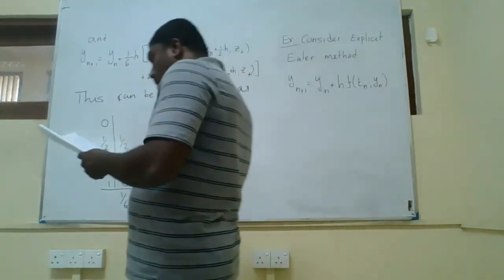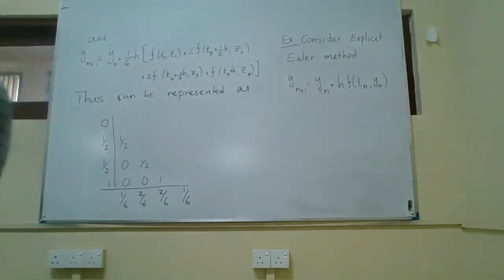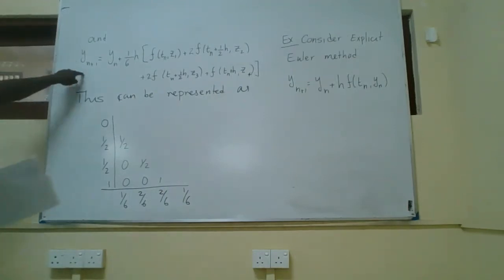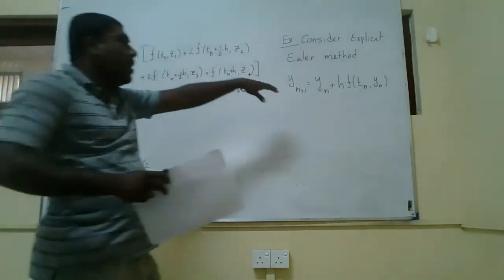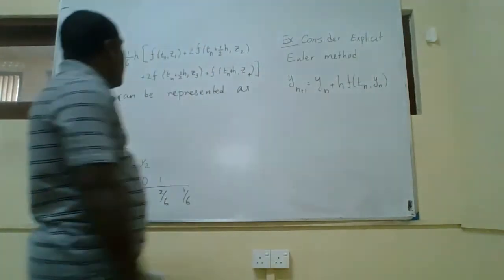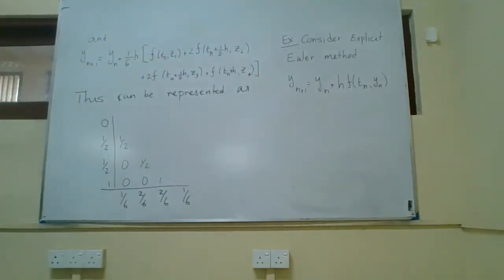Right, so you can think of the explicit Euler method. So this is y n plus 1 is y n plus h times some kind of a function here.